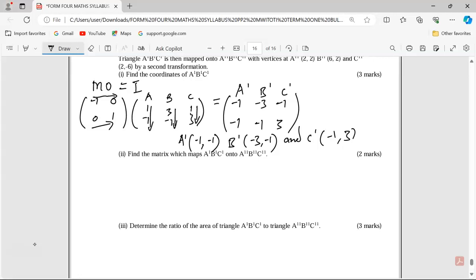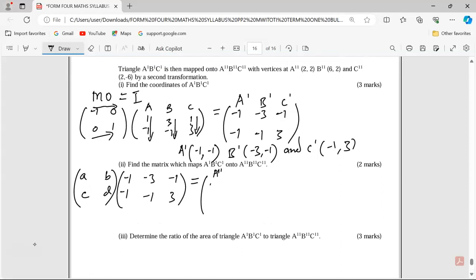Therefore, the matrix is now unknown, and we can let the elements in the matrix be a, b, c, d, such that when we multiply with the image, which is [-1, -3, -1; -1, -1, 3], we are supposed to get A'' as given, 2, 2, then B'' which is 6, 2, then C'' which is -2, -6.